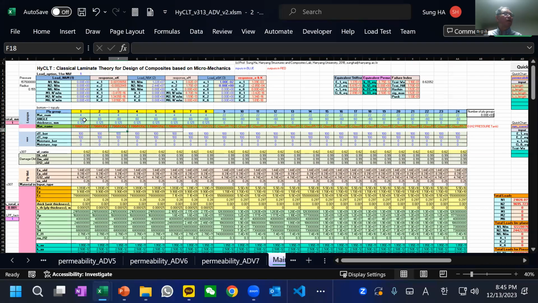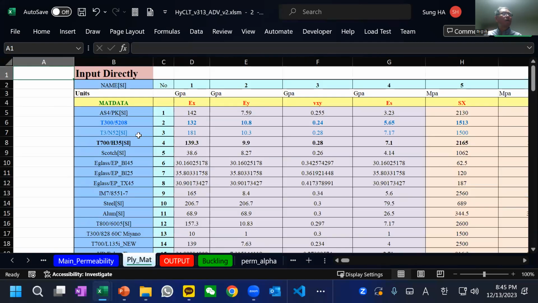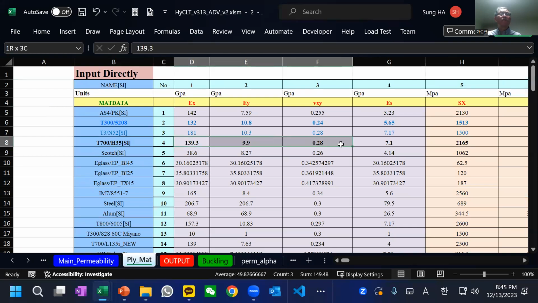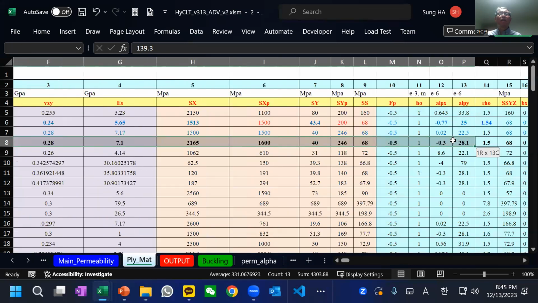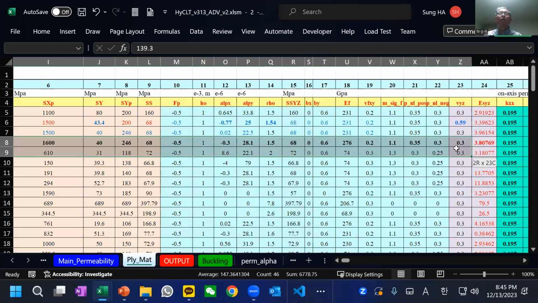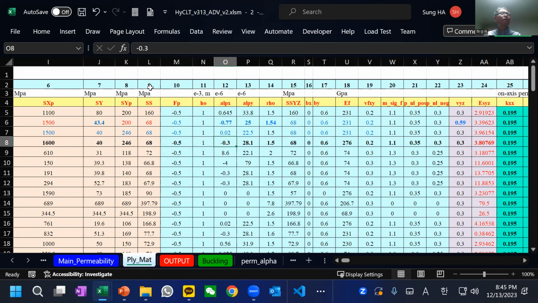Okay, we used ply 4, and then we have to go to here, ply 4, and then material property. What kind of material property did we use for the CTE? I think there is a slightly zero, I mean the minus.